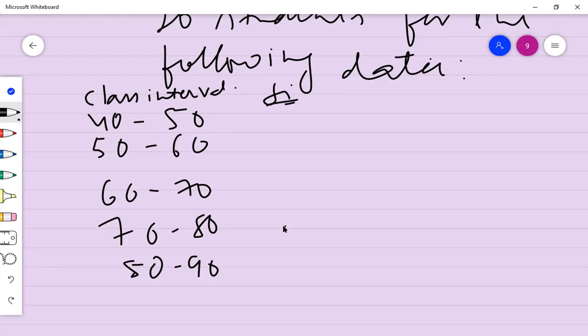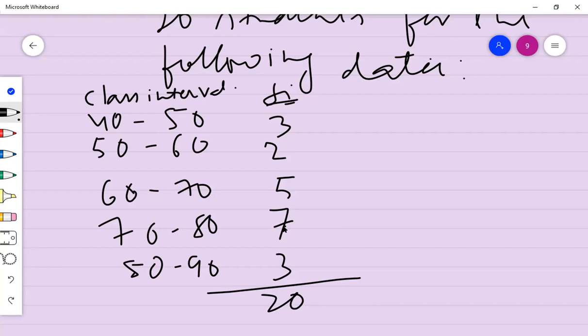So between 40 to 50, suppose 3 students are there. 2 students are there between 50 to 60, and between 60 to 70, suppose we have 5 persons, 7 persons, and 3 persons. Okay, so these are the frequencies. Sum of frequency is what? 20, obviously.